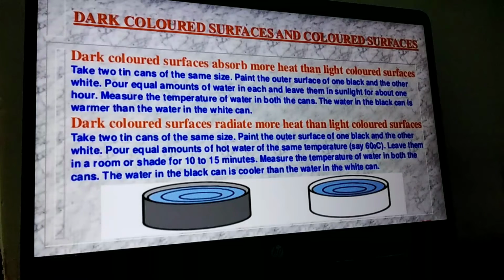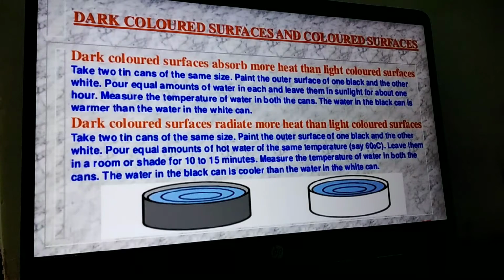Pour equal amounts of water in each and leave them in the sunlight for about 1 hour. Measure the temperature of the water in both the cans. The water in the black can is warmer than the water in the white can. Now, by this activity, we can say that dark colors absorb more heat rather than the light color.